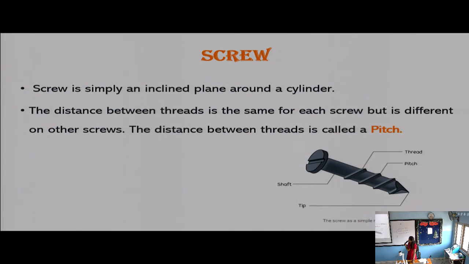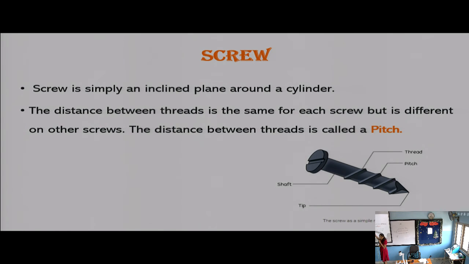And the last type of simple machine is screw. This is how the screw looks like. Even this is cylinder in shape, and these are the parts. In a screw, this part is called shaft.